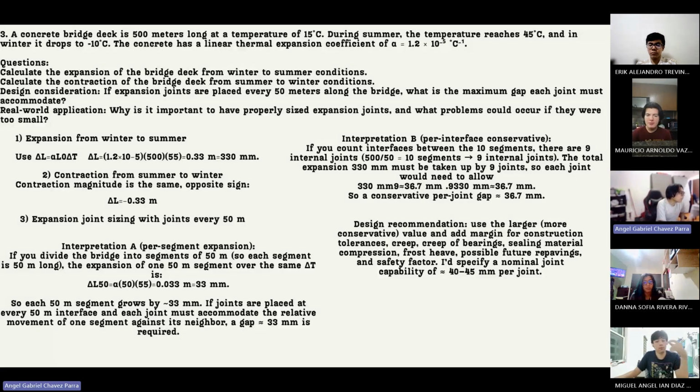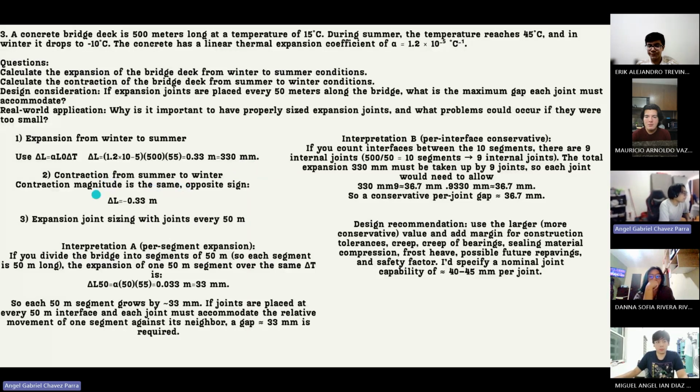1. Expansion from winter to summer. Use delta L equals alpha L0 delta T, which is 1.2 by 10 to the minus 5 times 500 times 55, giving 0.33 meters, or 330 mm. 2.